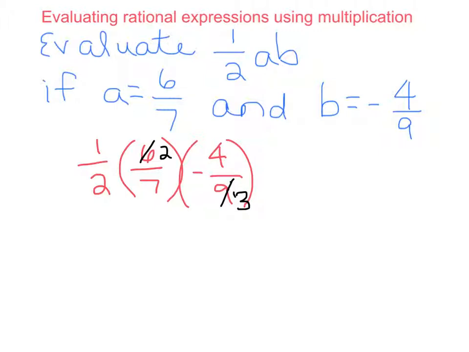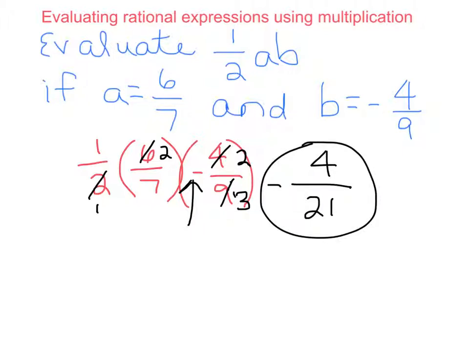And then the greatest common factor for the 2 and the 4 is 2, so you can divide this one by 2 and get 1, this one by 2 and get 2, and now you can just simply multiply straight across. So 1 times 2 is 2 times 2 is 4. 1 times 7, 7 times 3 is 21. And don't forget you have one negative, and so your answer becomes -4/21.